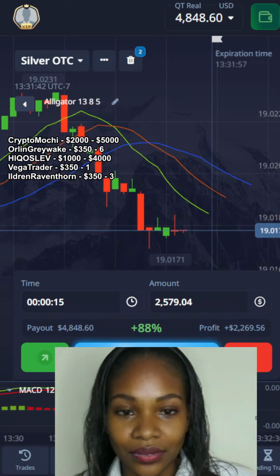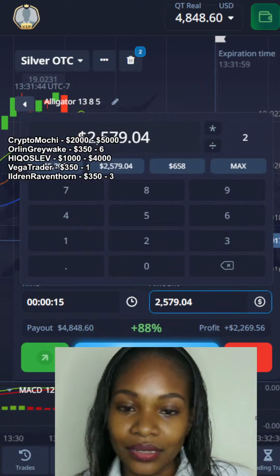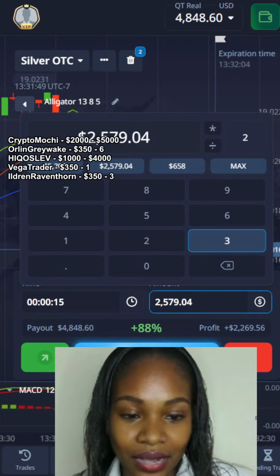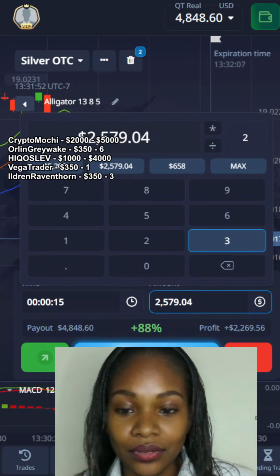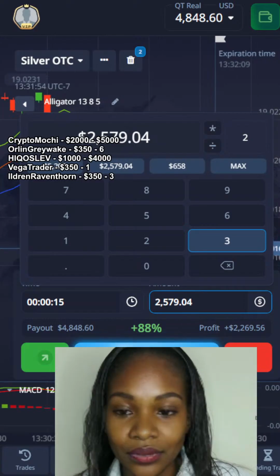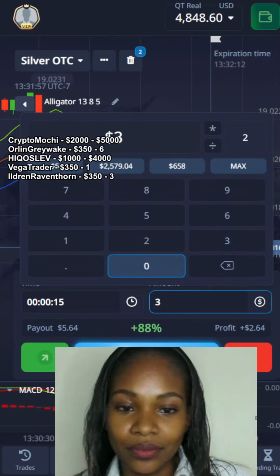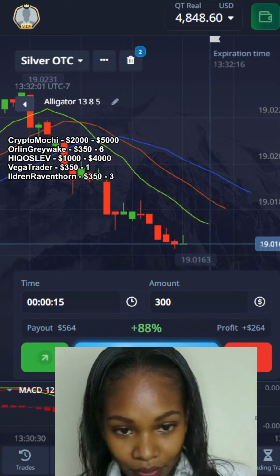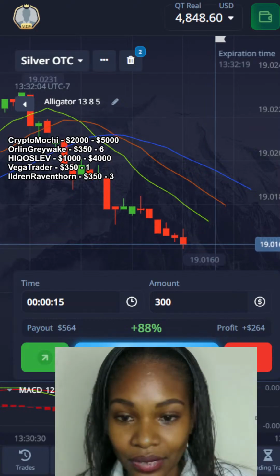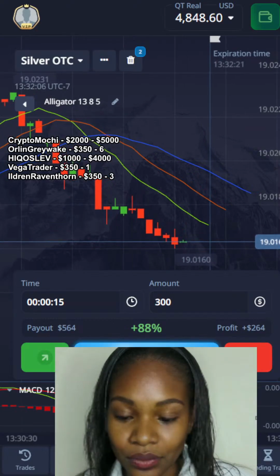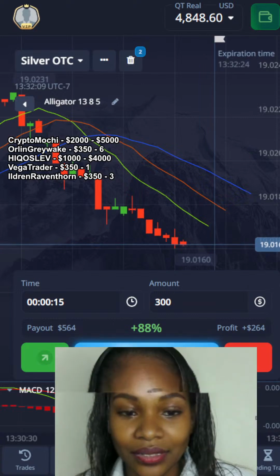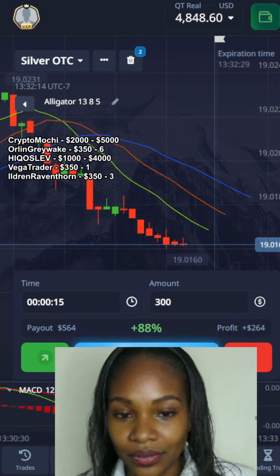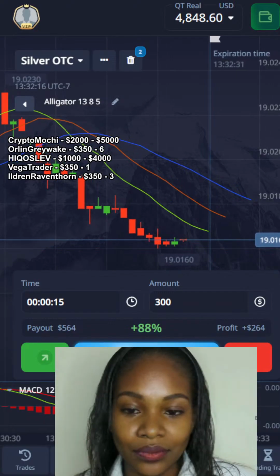Then the other thing is the market structure, right? If we talk about the higher highs and higher lows in an uptrend, or the lower highs and lower lows in a downtrend, definitely for me to place a trade, I always have to wait for that strong point to be formed, and that is formed when break of structure happens. Once break of structure happens, I'm looking at two things.